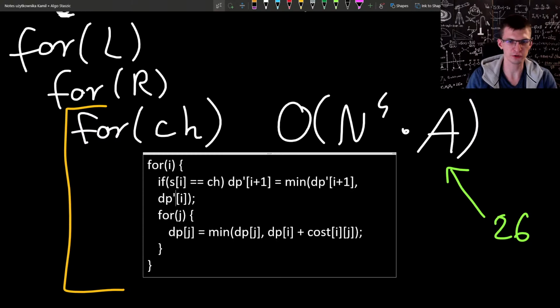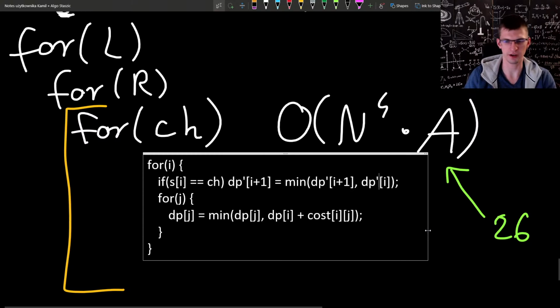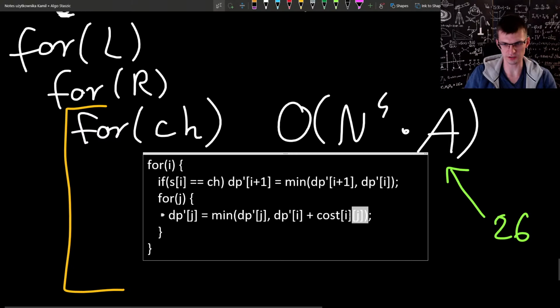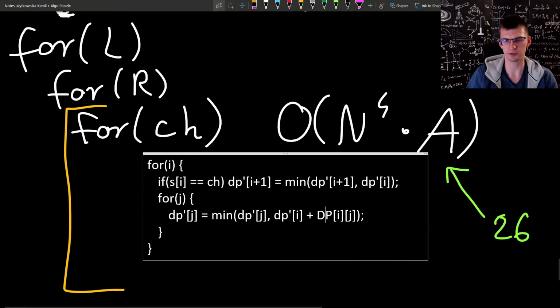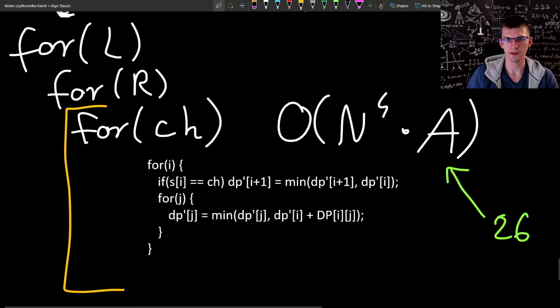This is for my frog, the way to jump optimally from the beginning. But here, this cost, it's actually the main dp. Or maybe here I will call it uppercase dp. The goal of this whole yellow part is to say, what is dp of LR?